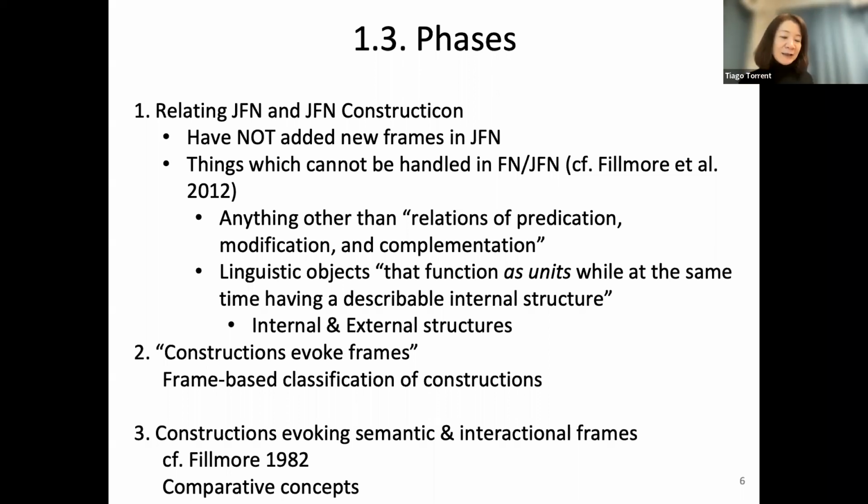That led us to think about constructions that evoke semantic frames, but some other constructions evoke interactional frames.